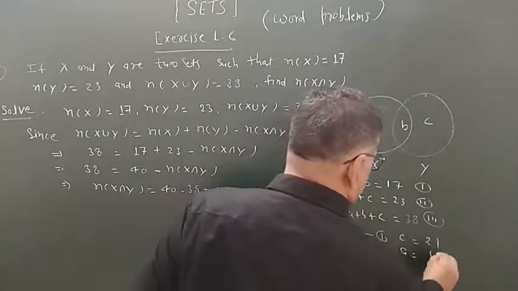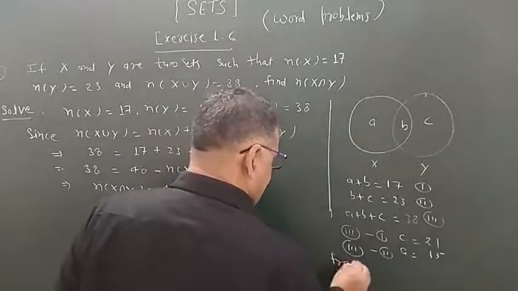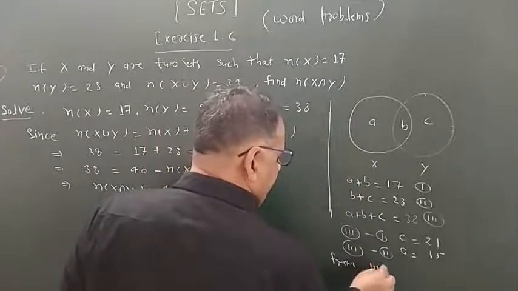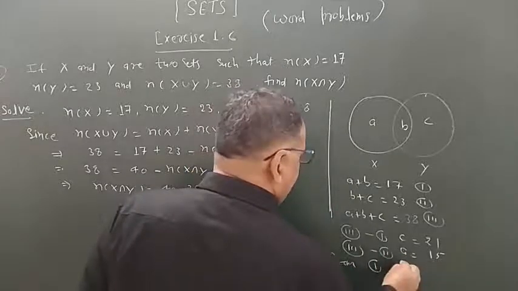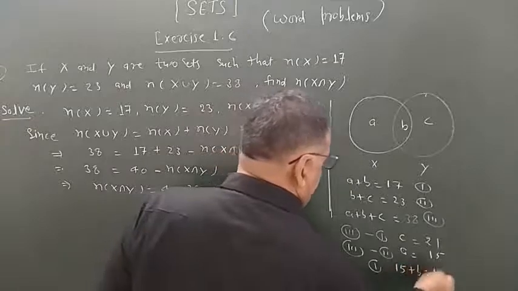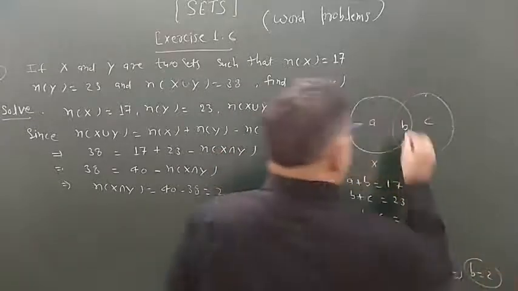Now we have 15, and again from first, A equal to 15 plus B equal to 17. So now you have B equal to 2, and this is the common value.